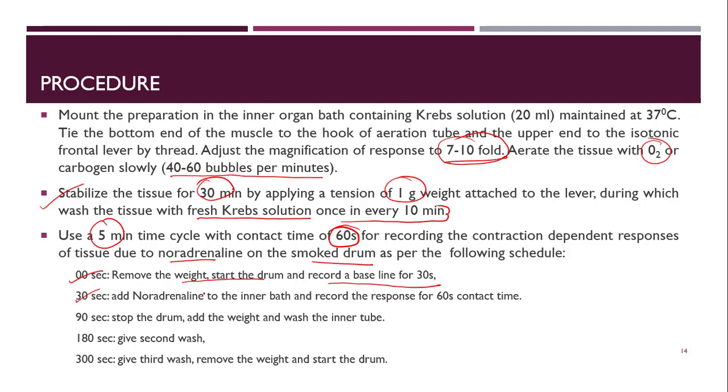At 30 seconds we add noradrenaline to the organ bath and record the response for the 60-second contact time. At 90 seconds we stop the drum, add the weight and wash the organ tube. At 180 seconds we give the second wash. At 300 seconds we give the third wash. We remove the weight and again start the drum and get the baseline.